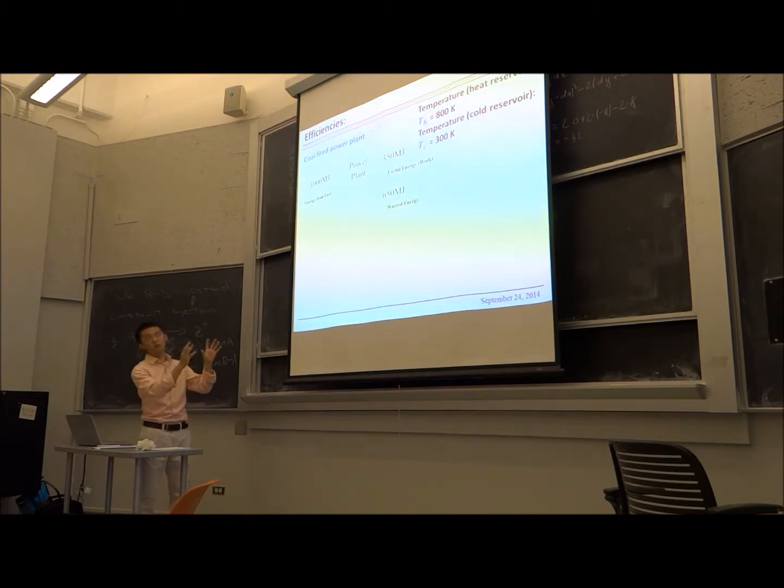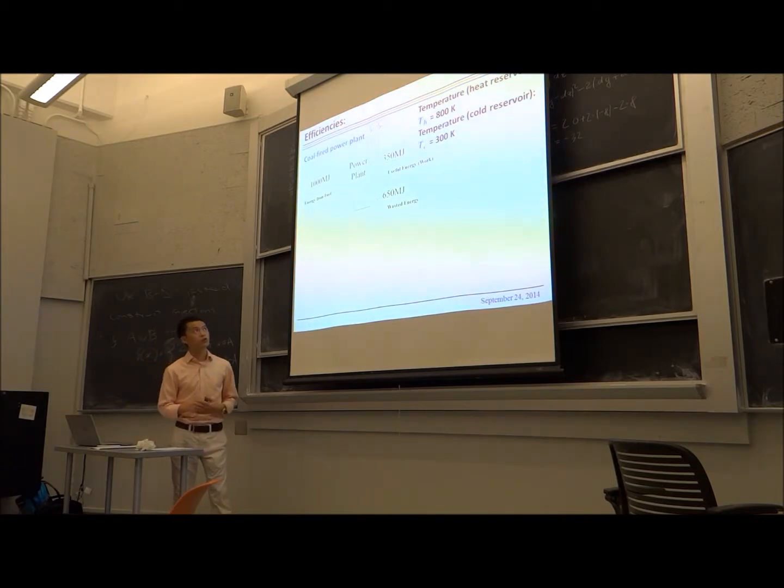Let's take 1 minute to look at this problem. It's a problem taken from the lecture slides, but it highlights many definitions we need to cover today. For the power plant, the fuel input is 1,000 megajoules, and the useful energy work, such as electricity, is 350 megajoules. The waste heat is 650 megajoules, and it's operating between two temperatures.